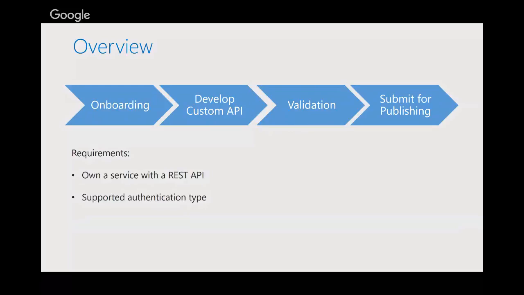Just one quick question, Tessa. Can you give me an example of what kind of connector someone might want to build? So usually they own a connector or a service. They have an API that's publicly available. So that's one of the requirements. Like a line of business application that they own, that we don't offer a connector for because we don't know about it.